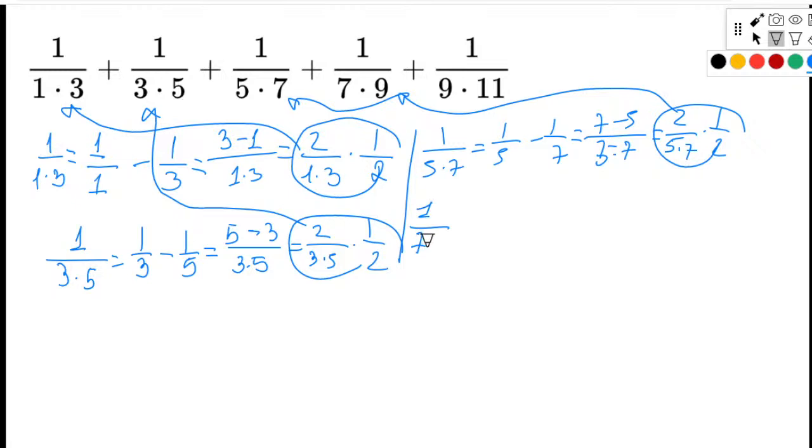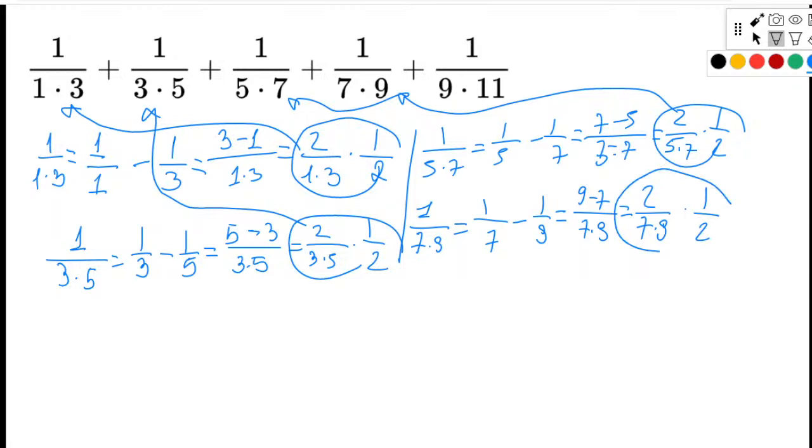1 over 7 minus 1 over 9 would be equal to 7 multiplied by 9 in the denominator and 9 minus 7 in the numerator, and it would be 2 over 7 and 9. So yes, if we multiply this by 1 over 2, we again get this one.